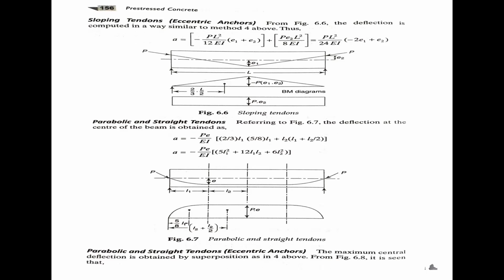You have to derive the formula for deflection governed by the bending moment diagram, analyzing the deflection formula for each type of tendon profile. Now let us go to the example problems for these deflection problems.